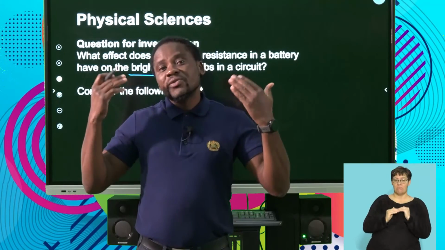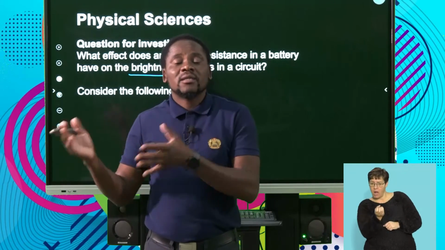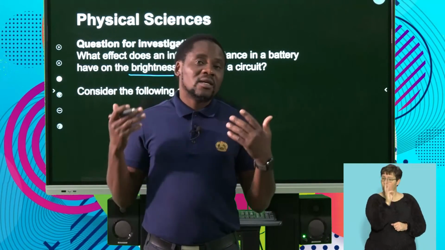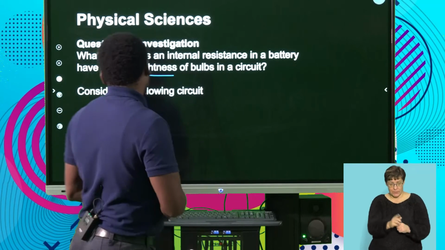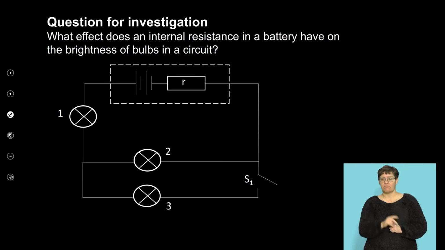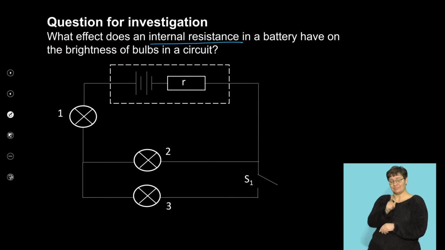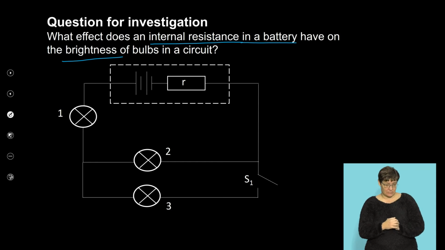We'll use this circuit as an example. The assumption is that the three light bulbs, 1, 2, and 3, are identical.